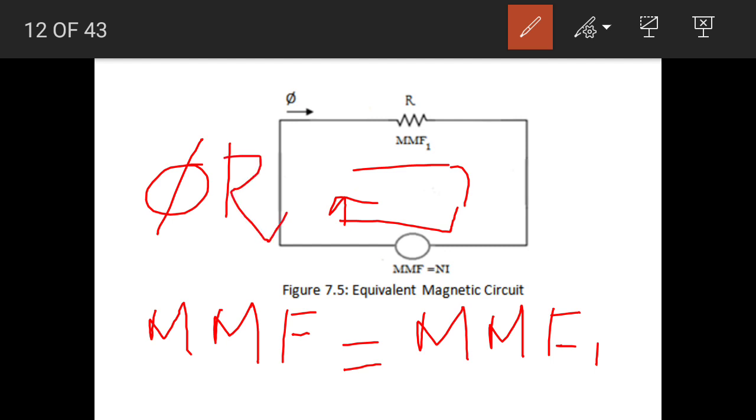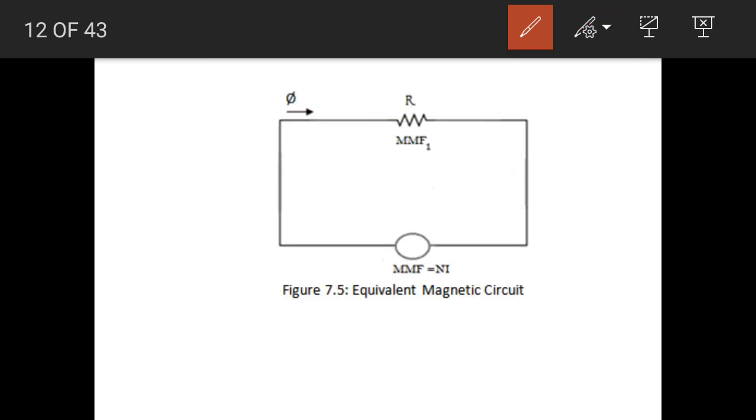So this is how we analyze a simple magnetic circuit. This is how we calculate the reluctance in this simple magnetic circuit. This is how we calculate the magnetic flux in this simple magnetic circuit, and this is how we calculate the MMF in this simple magnetic circuit.